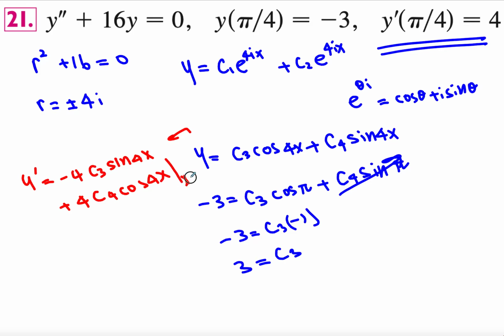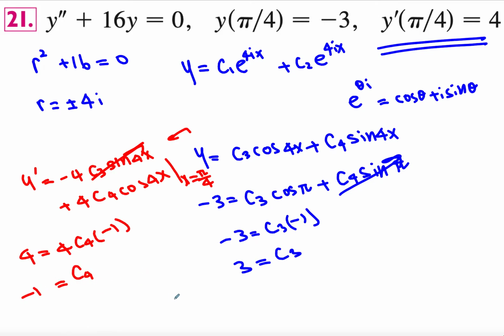When x equals pi over 4, the first term becomes 0, and we are left with the second one. So we get 4 equals 4 c sub 4 times negative 1. Then you get to realize that c sub 4 must be equal to negative 1 as well.